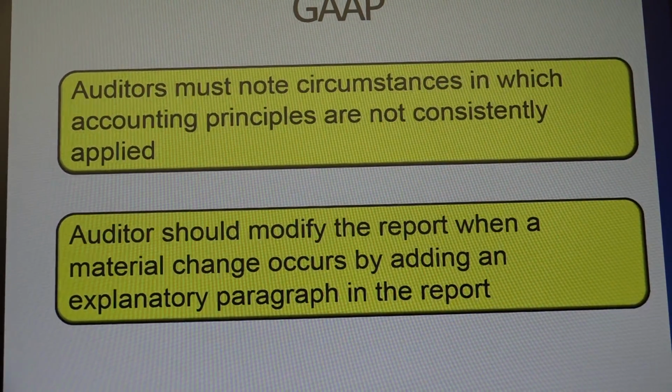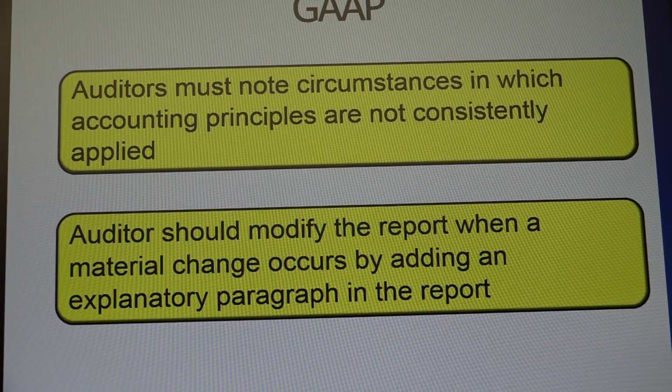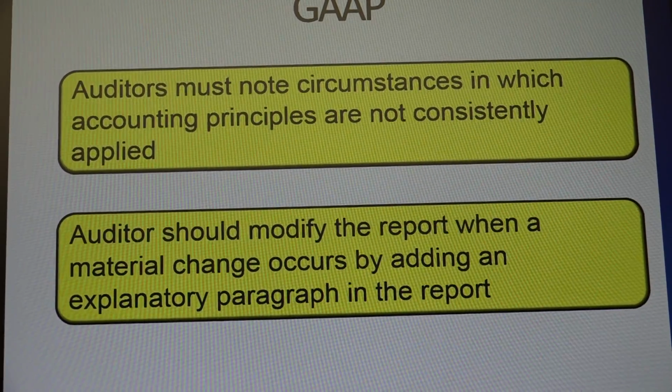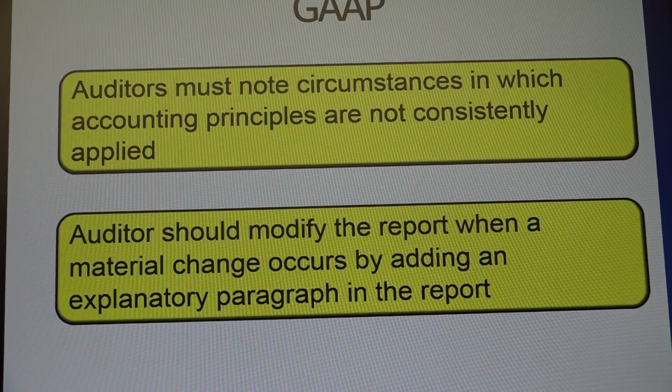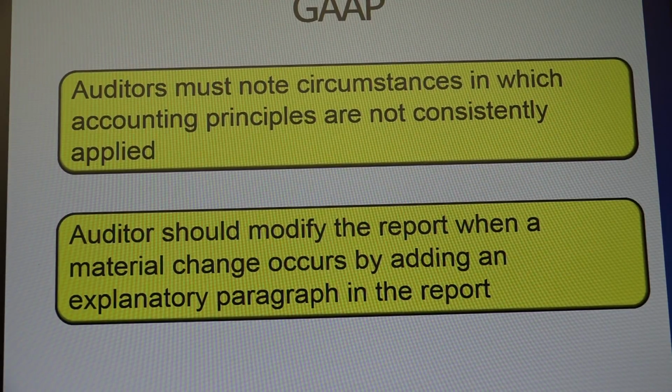So the first, lack of consistent application of GAAP. The auditor must note the circumstances in which the accounting principles are not consistently applied. And the auditor should modify the report when a material change occurs by adding an explanatory paragraph in the report.